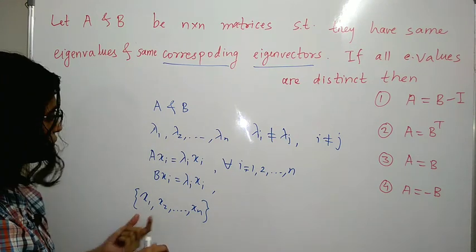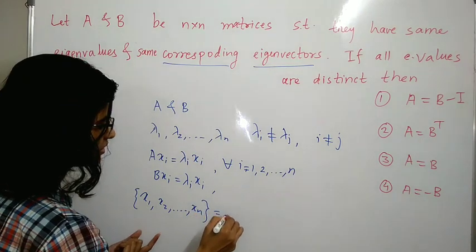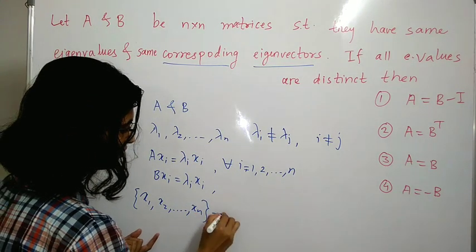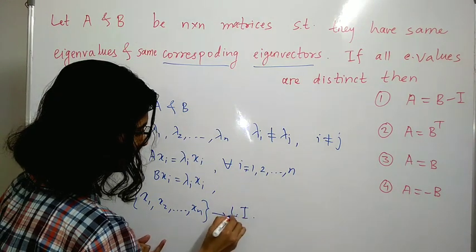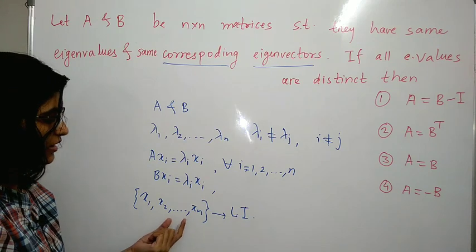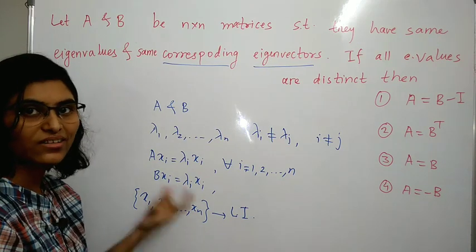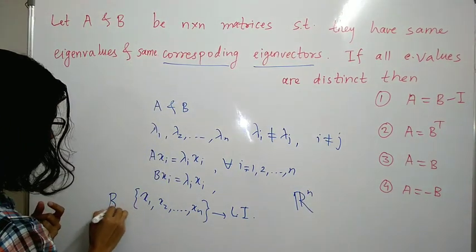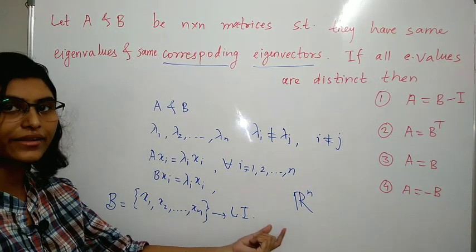So this set is linearly independent, and the set contains n vectors, so this forms a basis for Rn.